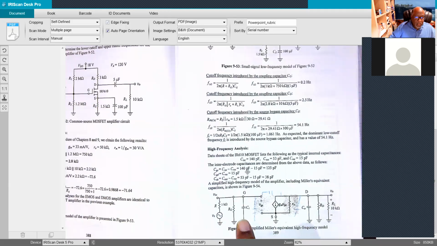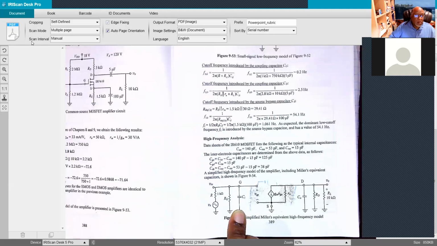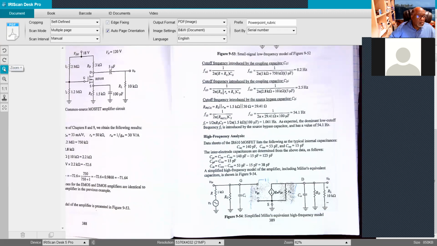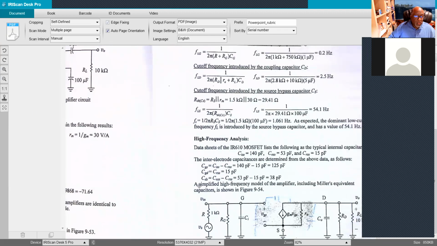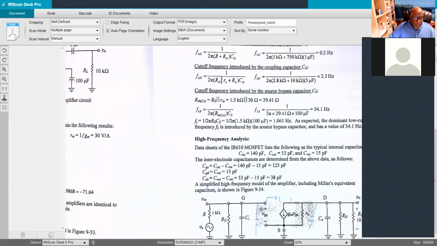I'll see if I can zoom in a little bit here. And you'll see we'll need to know our gate to source capacitance, our drain to source capacitance, and our drain to gate capacitance here. So our gate to source capacitance is our C sub ISS minus CRSS, which was given in the data sheet.